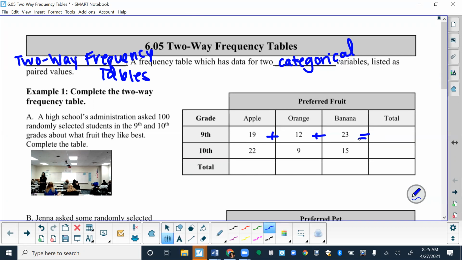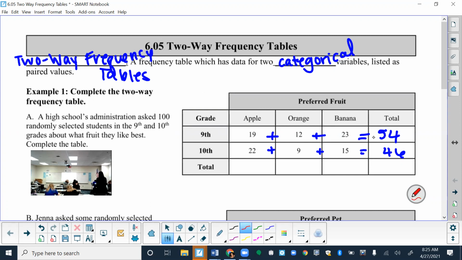But we have 19 plus 12 plus 23, which is good, it is 54. All right, then we have 22 plus 9 plus 15, 46. All right, so we add the rows across.